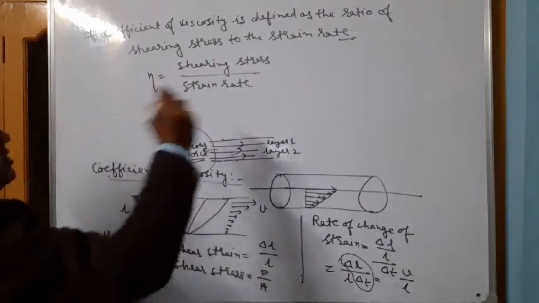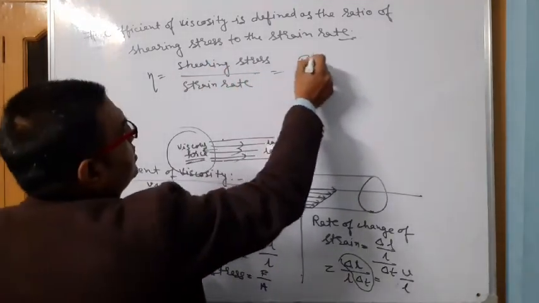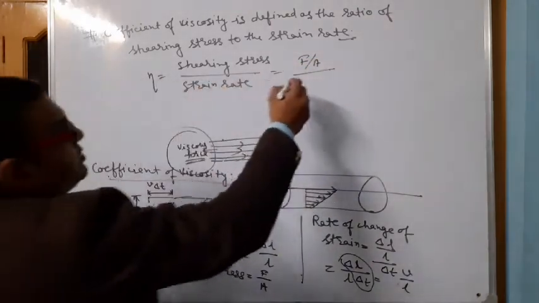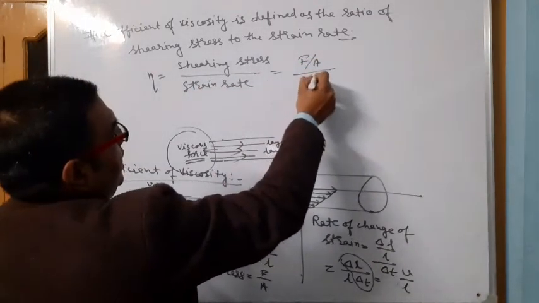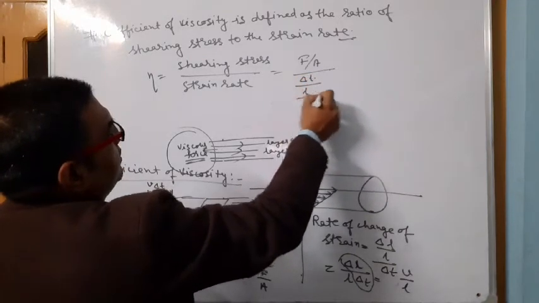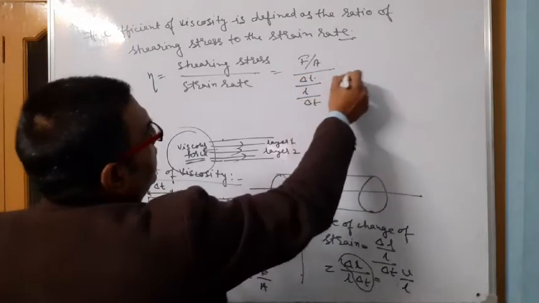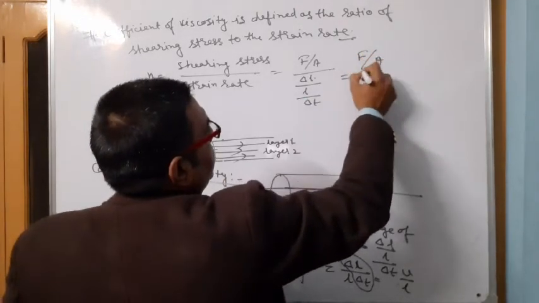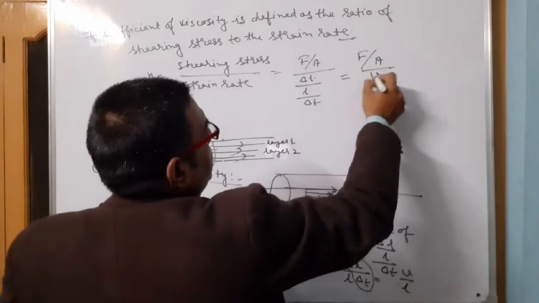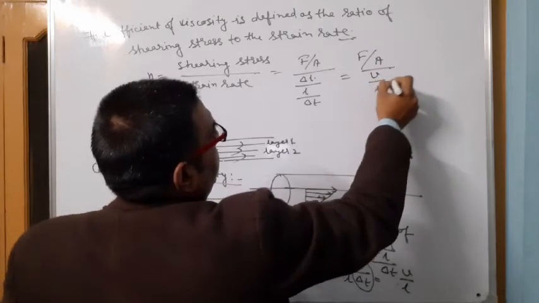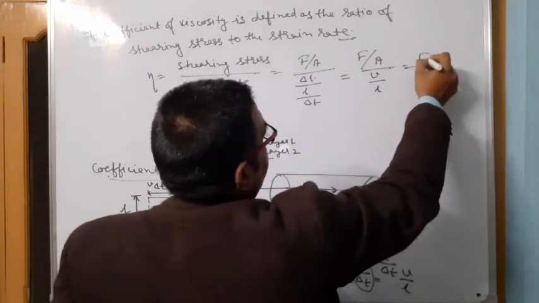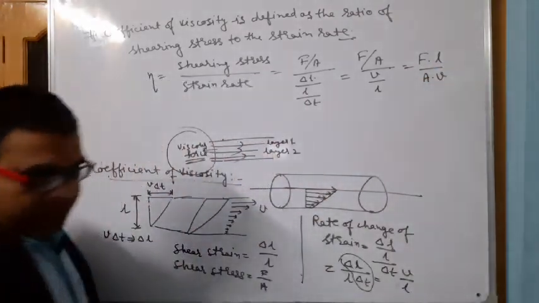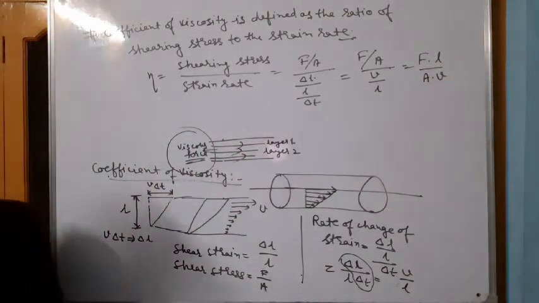Shearing stress is F upon A, and the shearing strain rate is delta L upon L divided by delta t, which is V upon L. So it can be written as F upon A divided by V upon L, which is FL upon A into V.